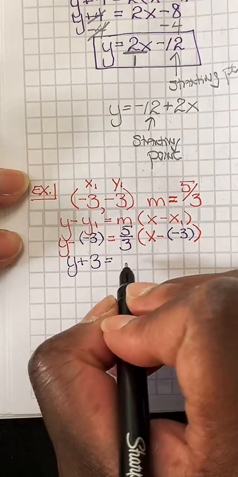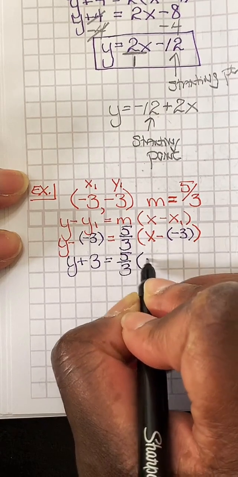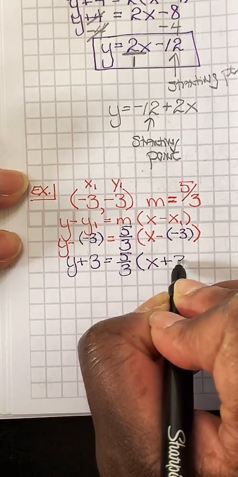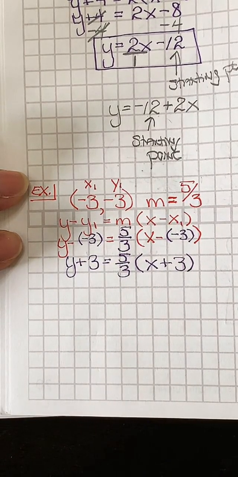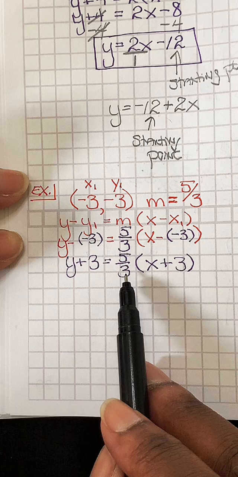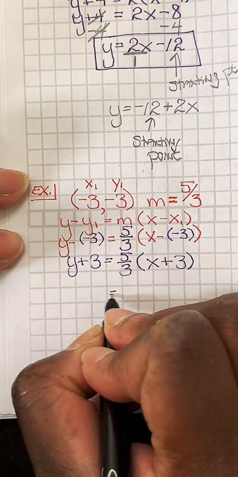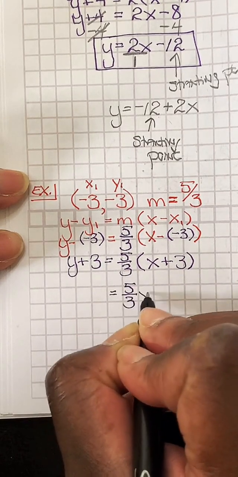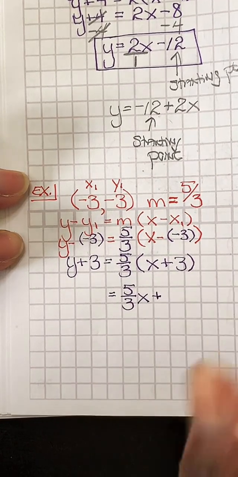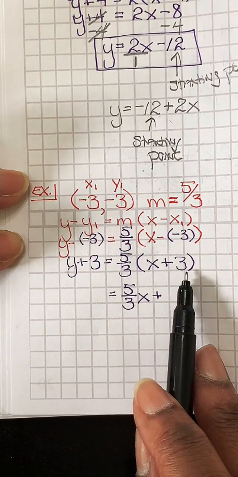So that means we have 5/3 times x plus 3. Okay, so now let's distribute. We got 5/3 times x, so that's 5/3 x. Plus, what's 5/3 times 3?